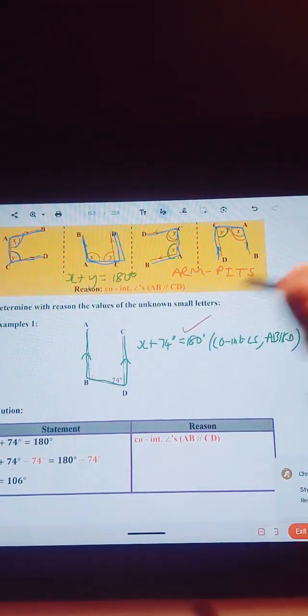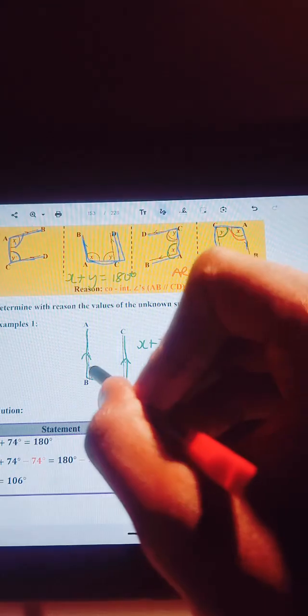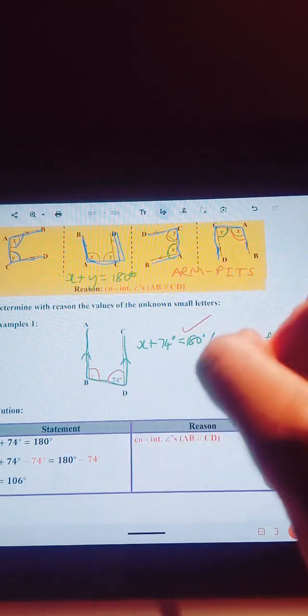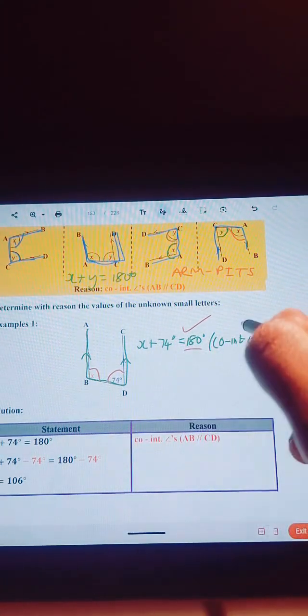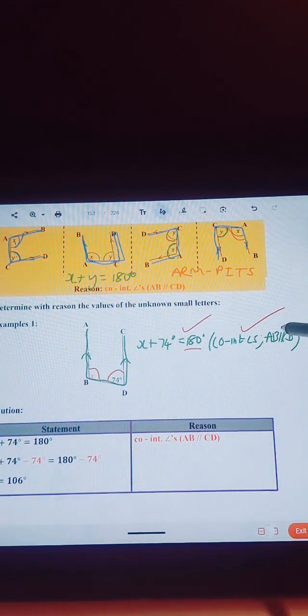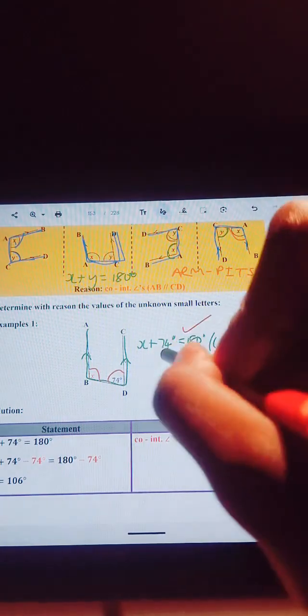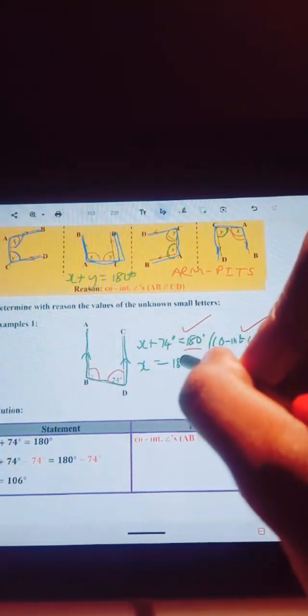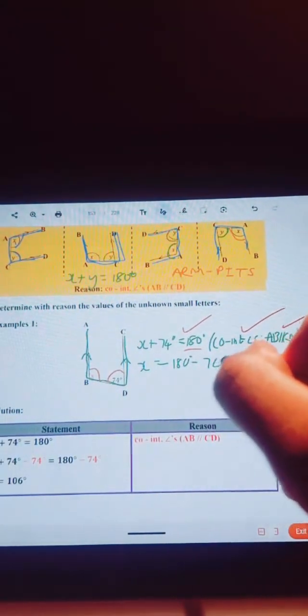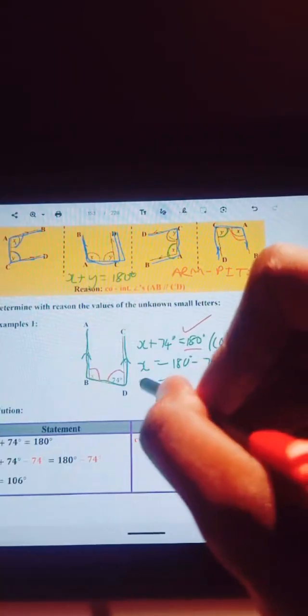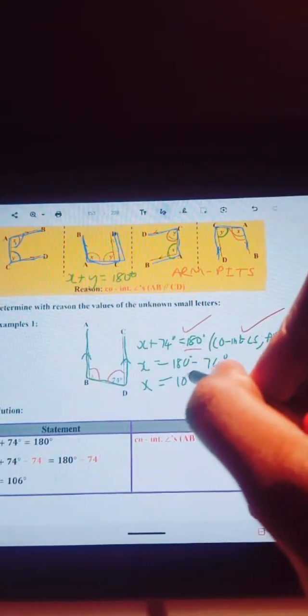Statement, sum of angles 180, supplementary angles. This x plus the 74 give you 180. Reason, co-interior angles, you state the lines that are parallel. You then solve for x. 180 minus 74 degrees. What's 180 minus 74 degrees? It's 106.